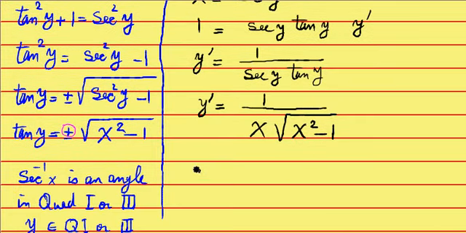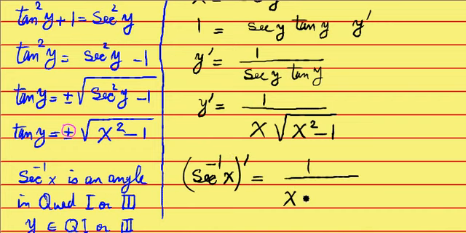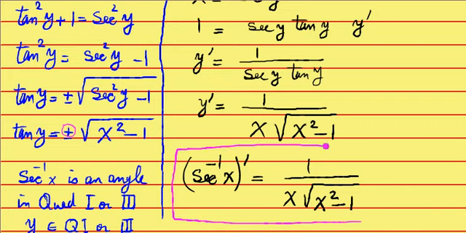So here is the formula: secant inverse of x, differentiated, gives you 1 over x times radical x squared minus 1. Let's just box that. So that was our achievement for the day, the derivative of secant inverse of x.